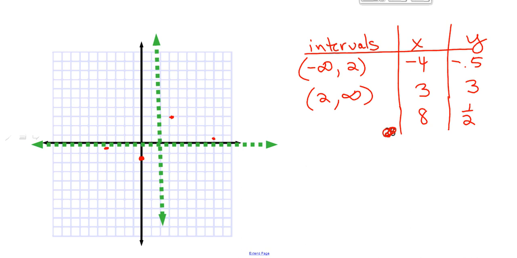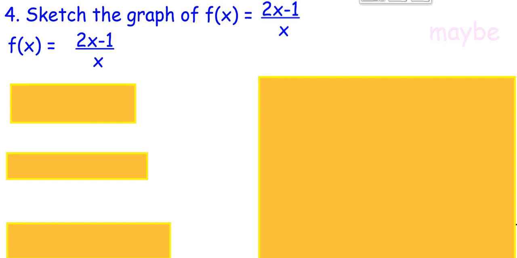And then I just know that I'm going to have a smooth curve in those two intervals. So I'll just sketch in my graph here, and I will sketch in my graph there. And that is this problem. Our next one is this one, and we will look at that one tomorrow.